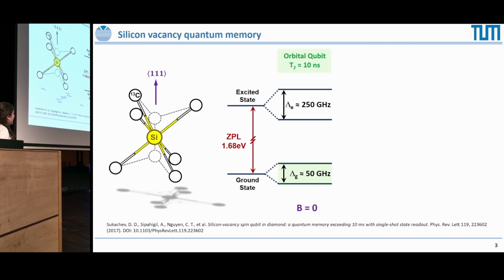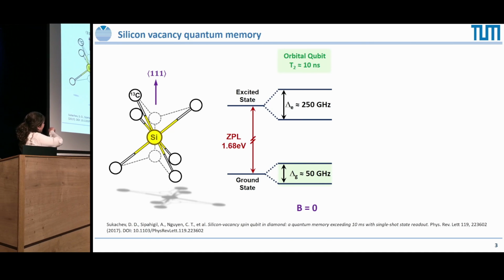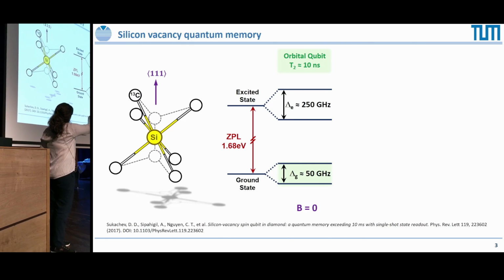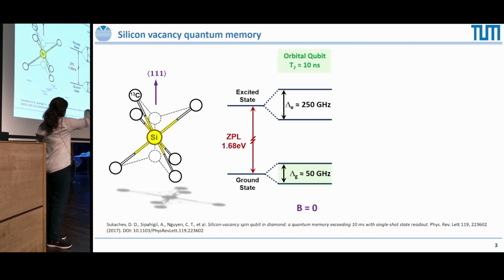Now, this defect is subject to a very strong spin orbit coupling, so the ground state gets split into two, and also the excited state. The splitting is 50 gigahertz in the ground state and 250 gigahertz in the excited state.